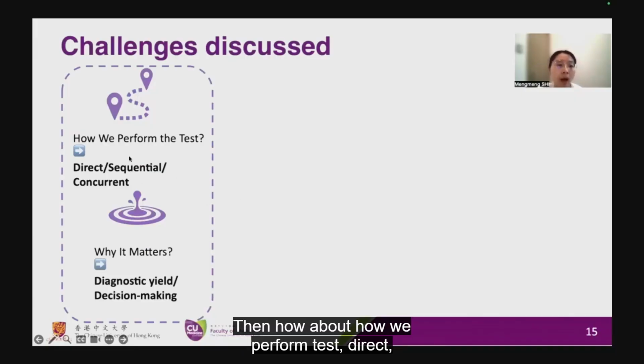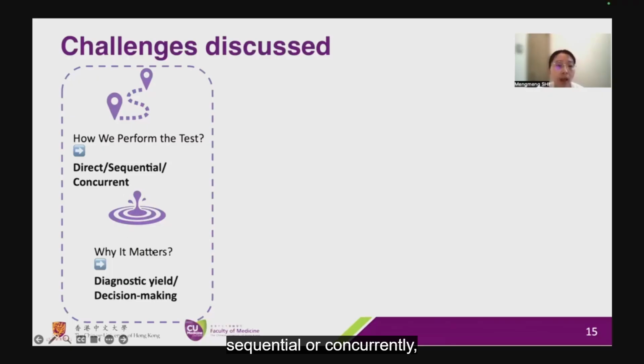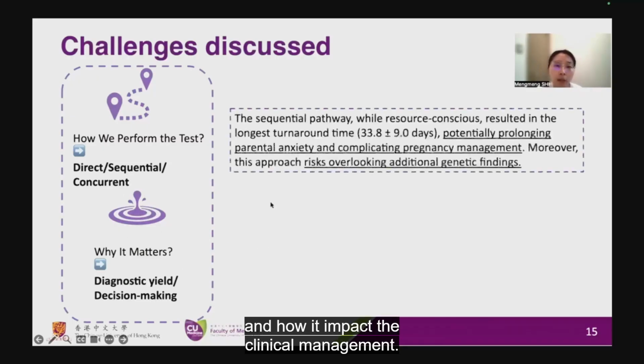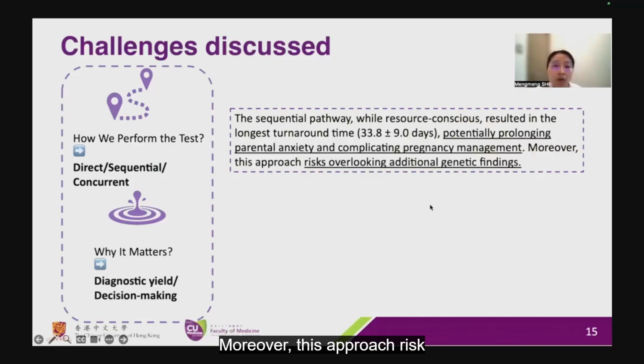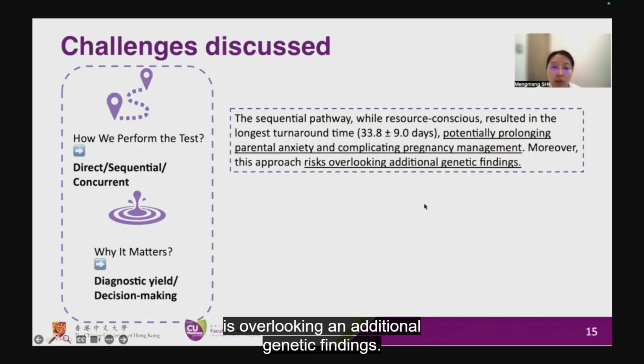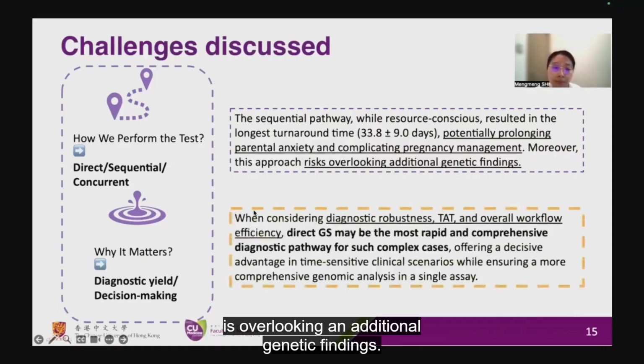Then, how about how we perform the test, direct, sequential, or concurrent, and how it impacts the clinical management? The sequential pathway obviously results in the longest turnaround time, potentially prolonging parental anxiety and complicating pregnancy management. Moreover, this approach risks overlooking additional genetic findings.